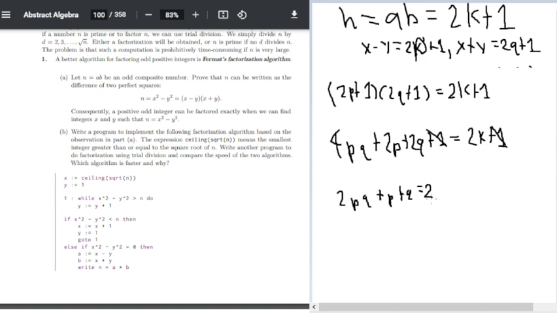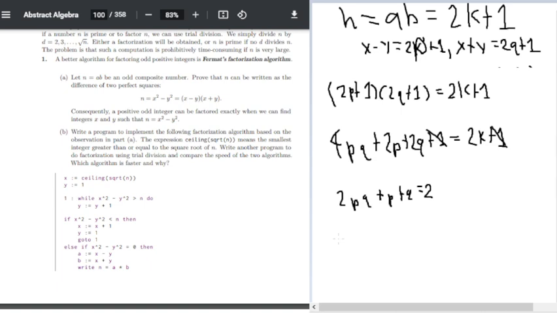Wait, let me think. So this is the same as 2pq plus p plus q minus 2. I don't know, that wouldn't be able to give us something nice at least. So first of all, let's solve for p.